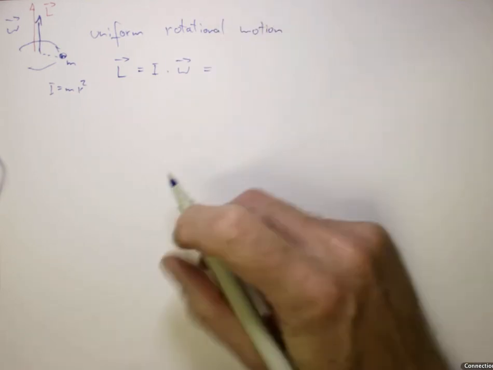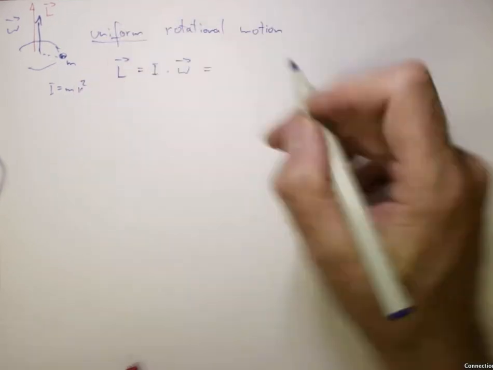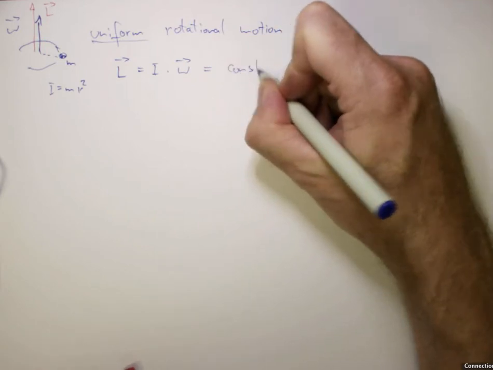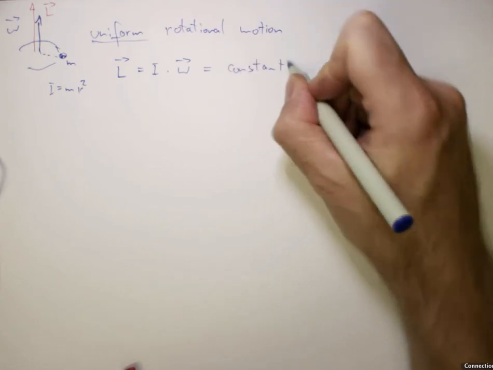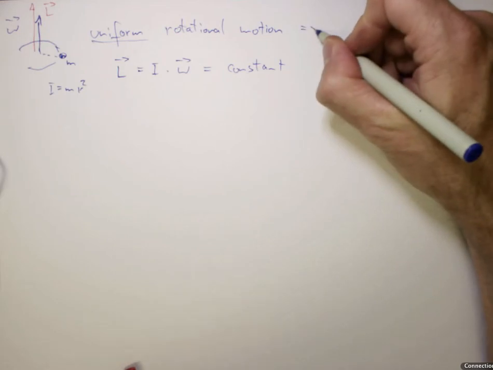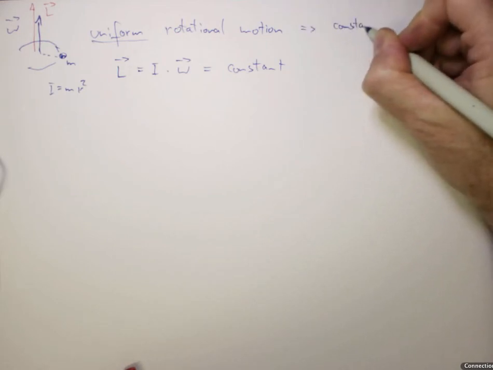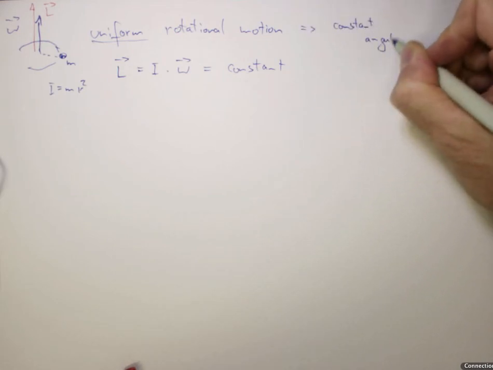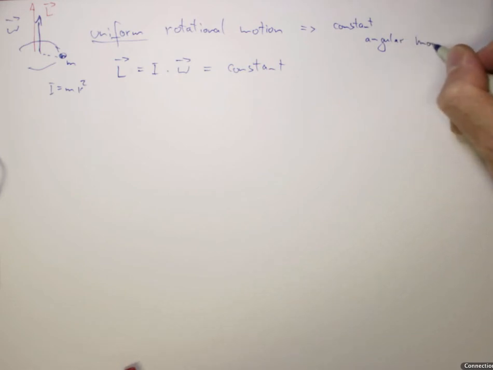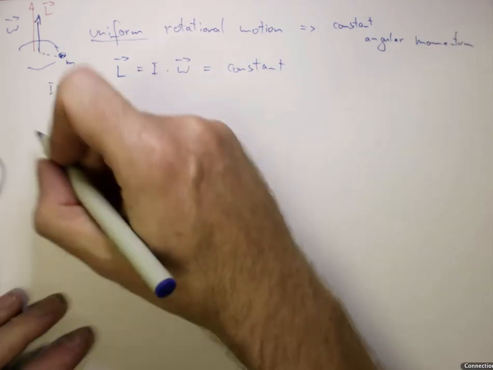And the important consequence of this being uniform motion is that that is constant. So in the case of uniform rotational motion, we have constant angular momentum. That is the very important first special case. So in uniform rotational motion, angular momentum is a conserved quantity.